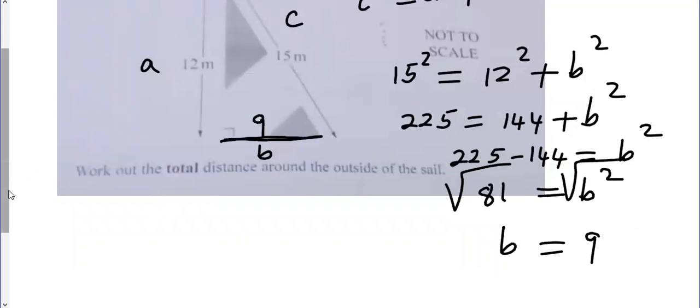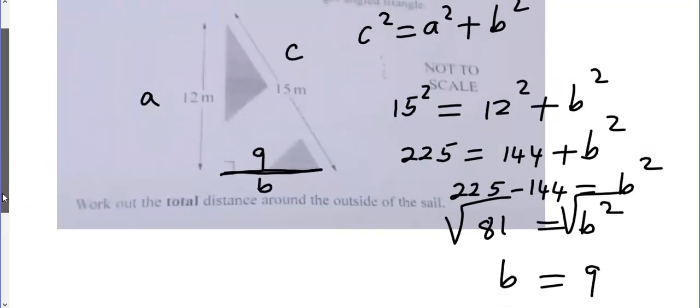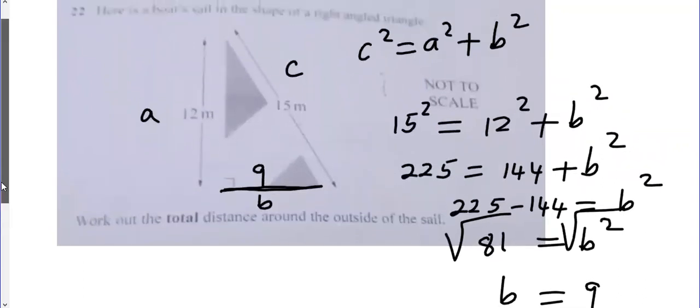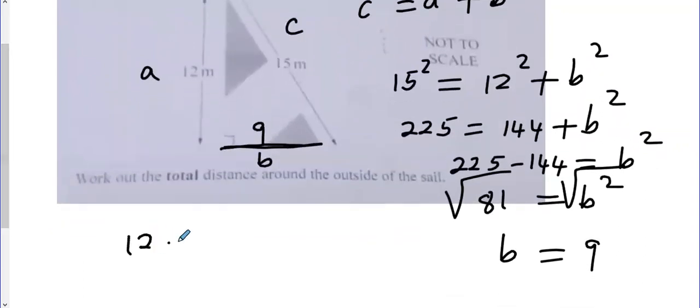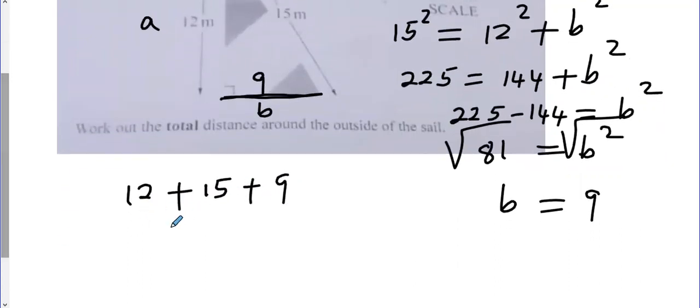Okay. So work out the total distance around the outside of the cell. So what I'm going to do is go ahead adding those sides. So I'm going to take 12 plus 15 plus 9. This 12 plus 15 is 27, plus 9.